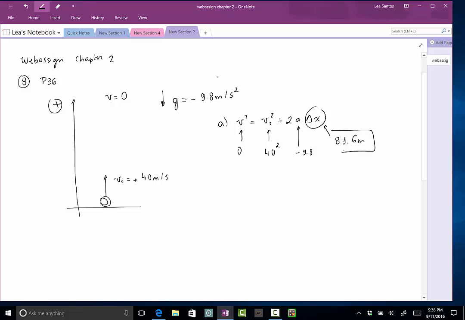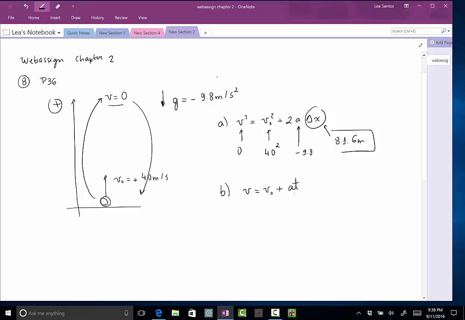Very good. The next question is, how long is it in the air? Well, the time that it takes to go up is the same time that it takes to come down. So I can compute how long it takes to reach this final velocity 0, and then multiply it by 2. Now the question is time, so I need to use an equation that has time. A good one is V equals V naught plus at.